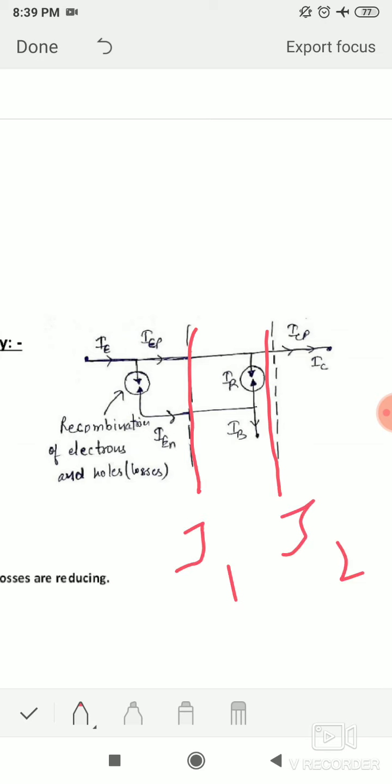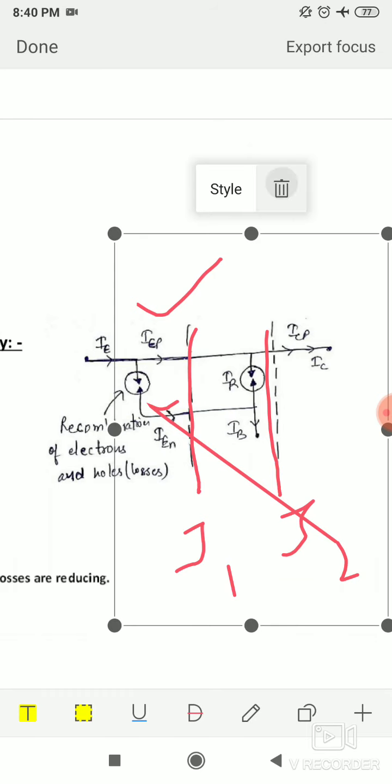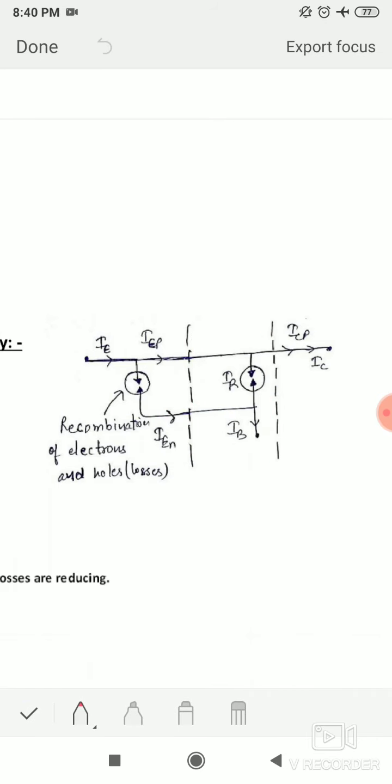It is your base. The emitter has majority carrier of hole because it is P type, and the minority carrier is electron. In the base, the majority carrier is electron. So the current is IEP and the minority carrier current is IEN, and this is N type.